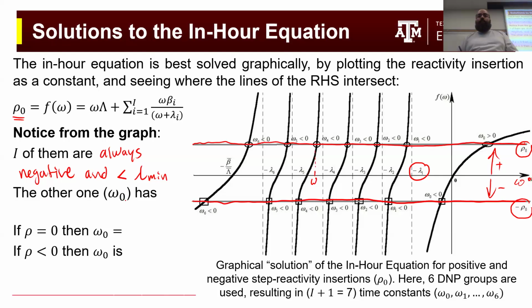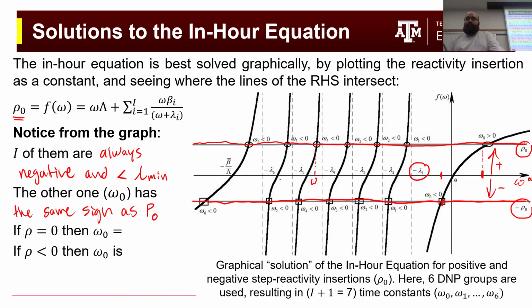So this omega zero has the same sign as that reactivity insertion rho naught. When rho naught was positive, this intersection point is at a positive omega value. If rho zero was negative, then this intersection point is at a negative omega value.